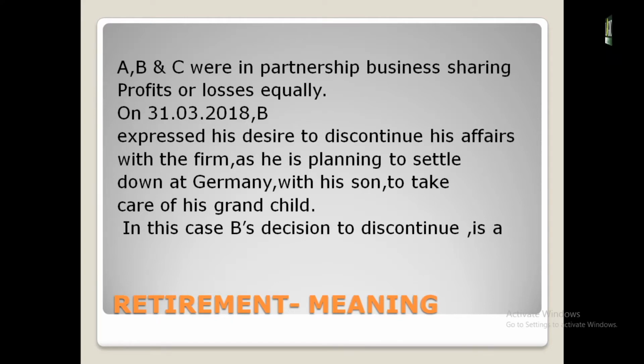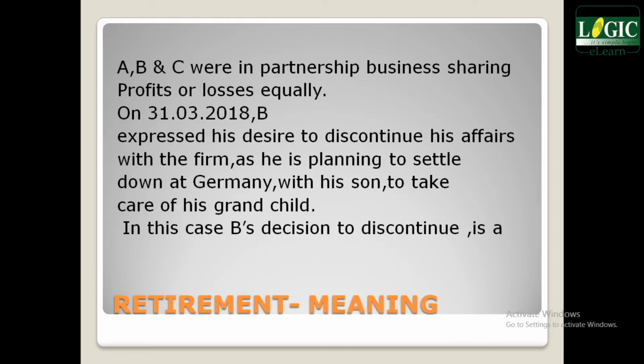In the case of columnar capital account, we will have to see. Finally, we will arrive at the closing balance after incorporating opening balance, general reserve, goodwill, revaluation profit, etc. When you reach the fag end, we are about to reach the balance.